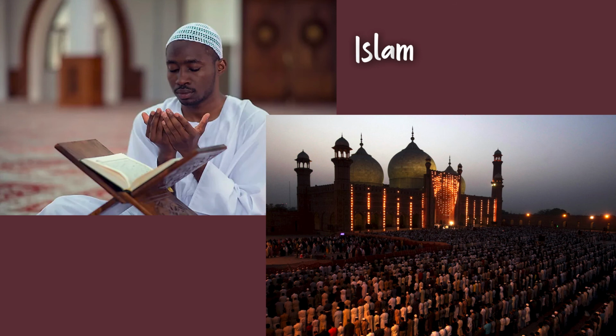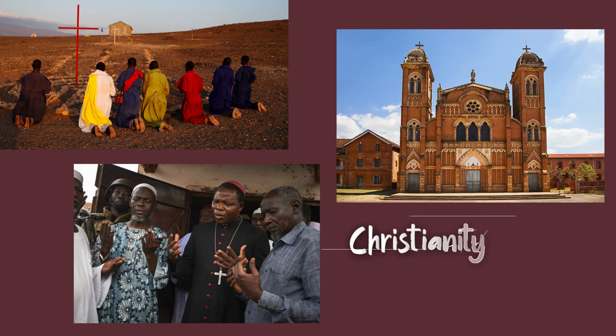We'll look at a map here in just a minute, but Islam is a religion that basically came into the African continent via the conquests of the Islamic caliphates in the 7th and 8th centuries. And then finally, Christianity. Christianity is a significant religion in the sub-Saharan part of Africa.